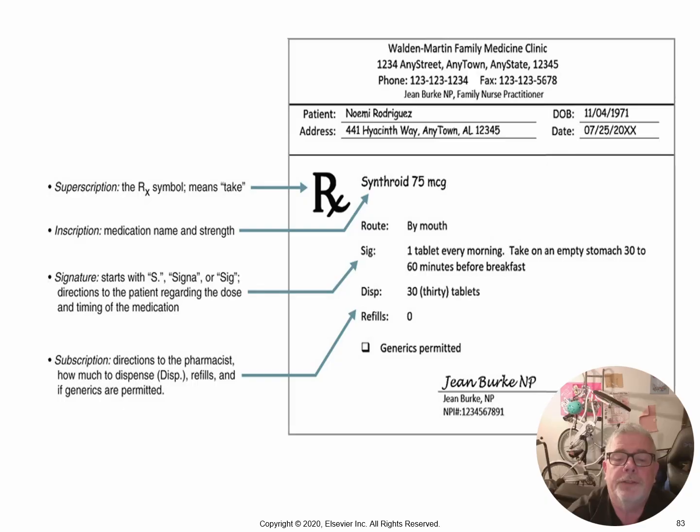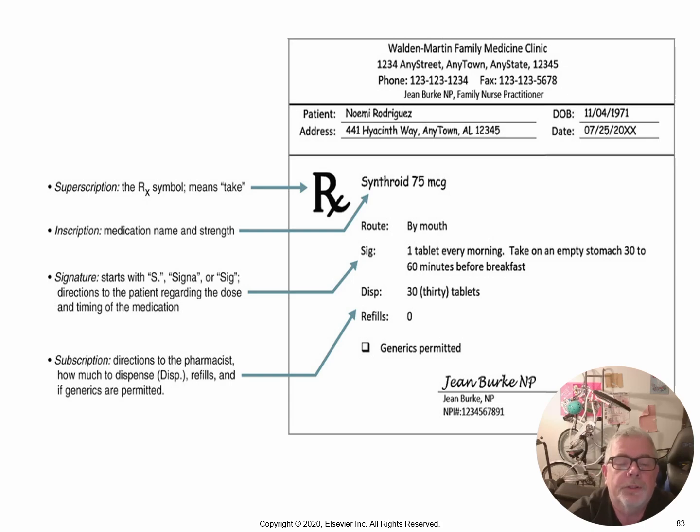You want to have the patient's name, address, date of birth, and the date of the prescription. Oh, July 25th, that's my birthday. Okay, that little symbol Rx means prescription. It means what are you actually taking? In this case, they're taking Synthroid, 75 mcg, which stands for micrograms instead of milligrams. It's a medication commonly prescribed for hypothyroidism.